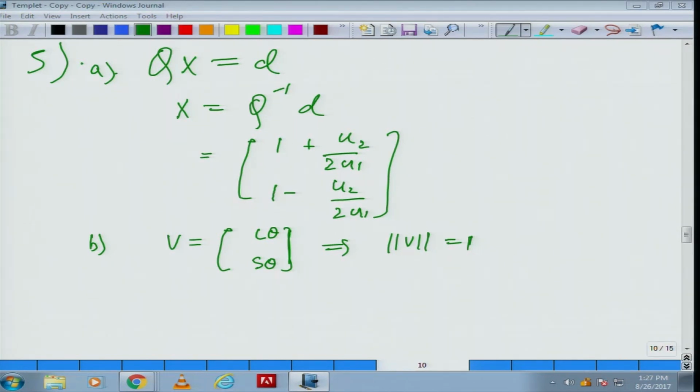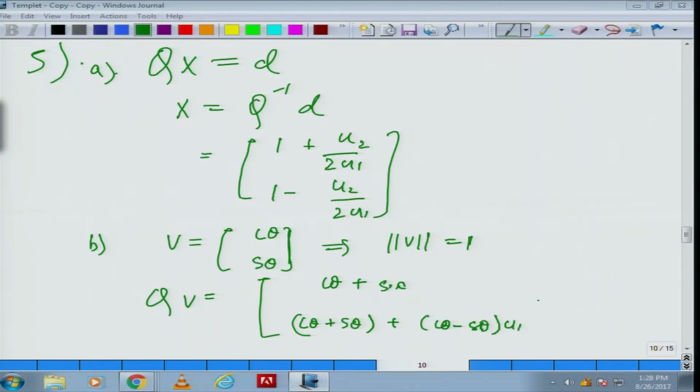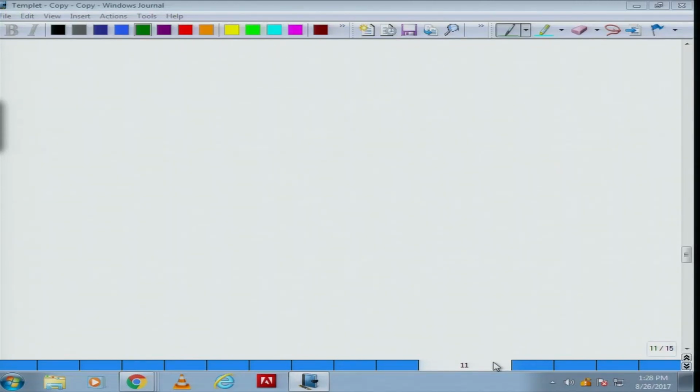Now Q into V, we simply multiply it, and we get cos theta plus sin theta, and cos theta minus sin theta into U1.